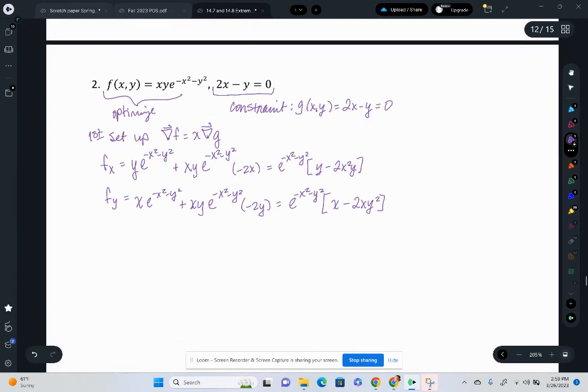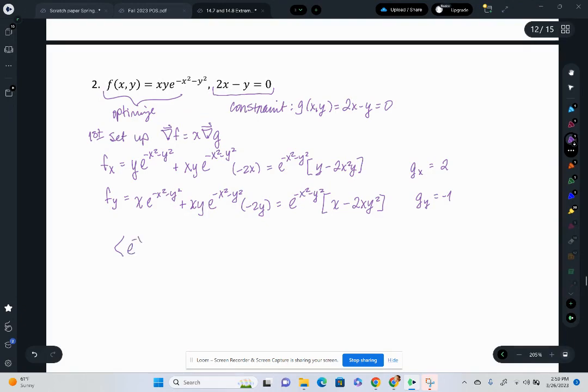Okay, so those are the members of our gradient. Now I'm also going to calculate g sub x. Remember, g is our constraint, and it's 2x minus y, so g sub x is just 2, and g sub y is just negative 1. Okay, so I can go ahead and set up our Lagrange multiplier equation with the vectors.